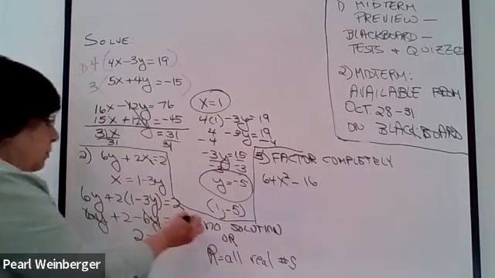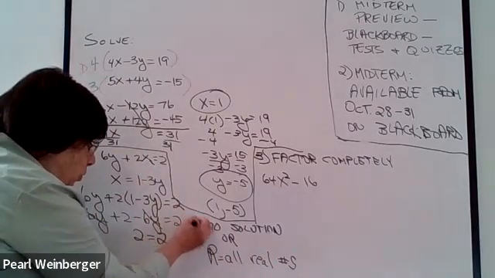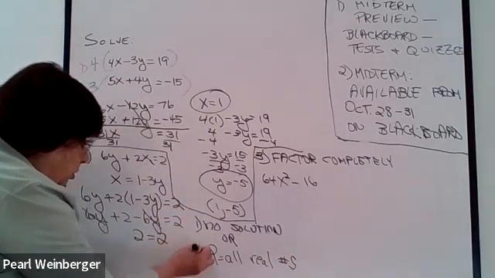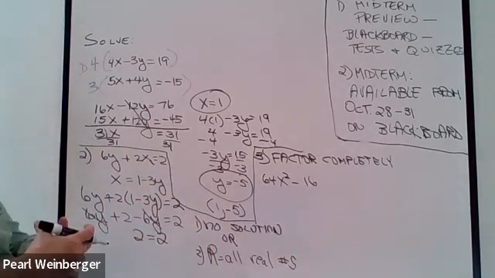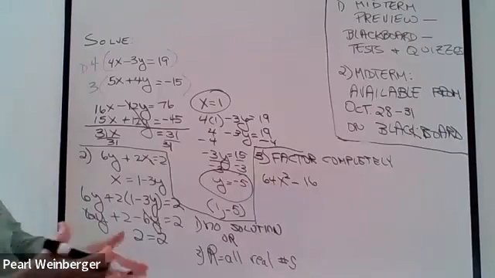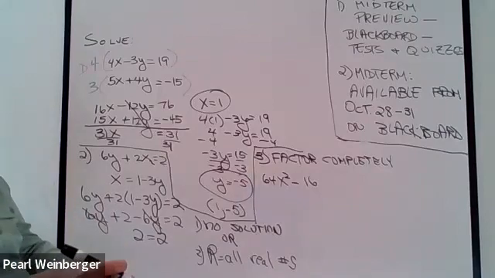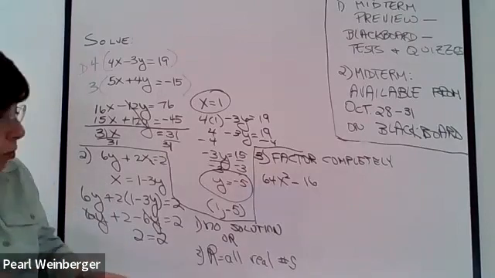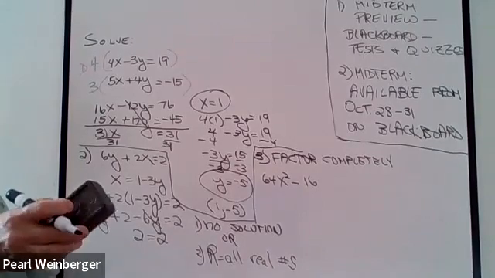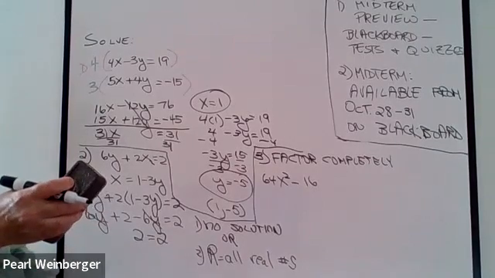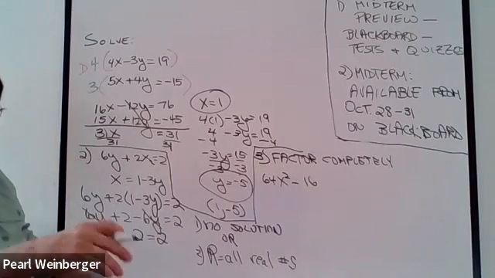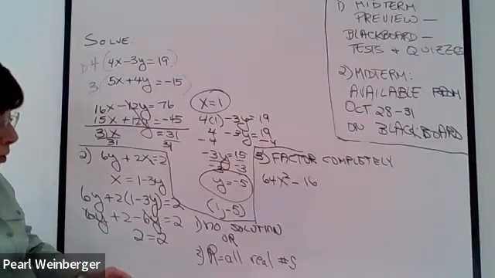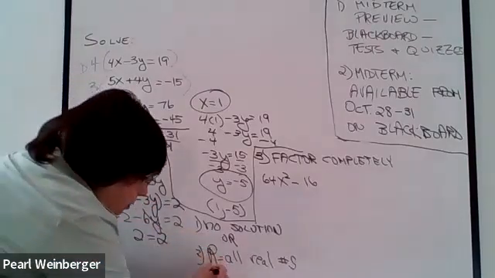So it's either going to be number 1 or number 2. The question is, how do I know, does it have no solution or does it have every single number as a solution, for what we call an infinite number of solutions?